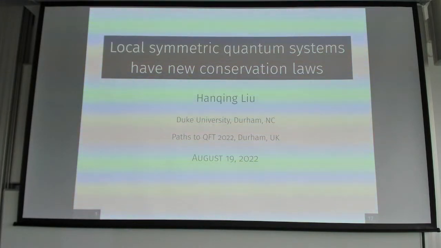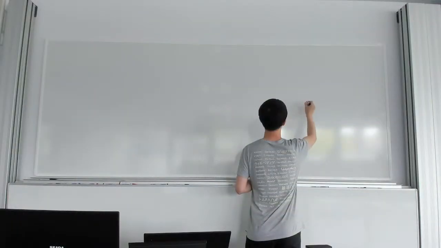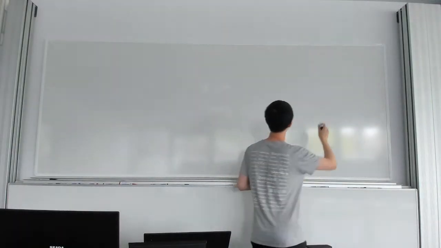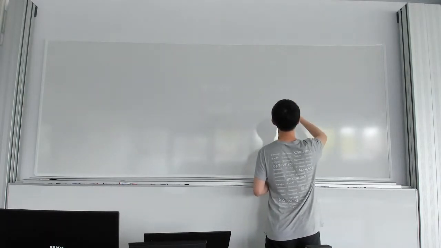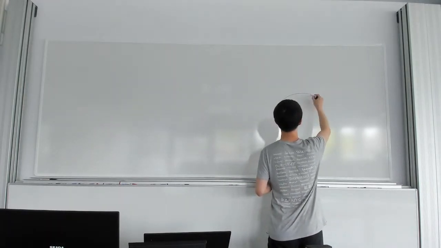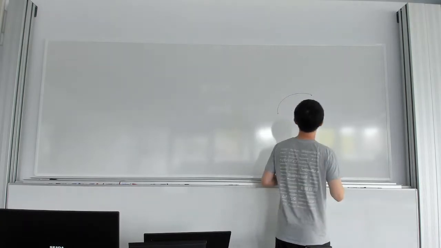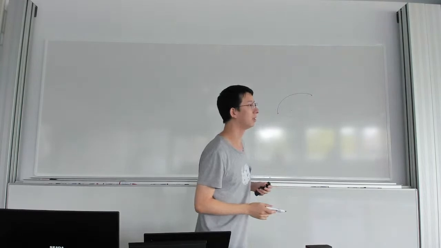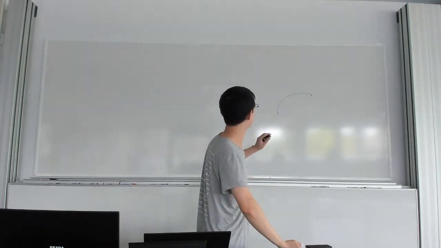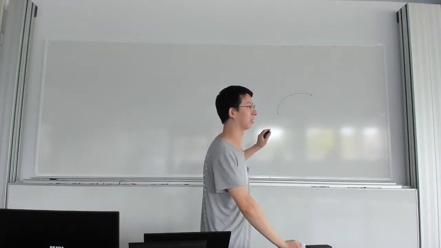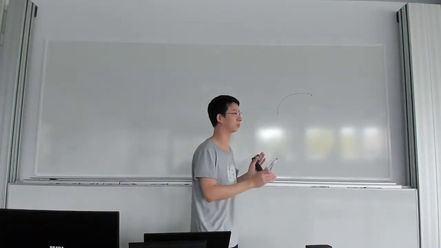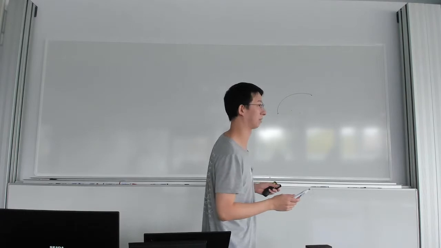We consider systems on some lattice sites, which can be arbitrary, and the interaction can be far away, like between this one and that one. But since we don't require geometry, we still call it a two-local Hamiltonian. You can think of it as a two-body interaction.